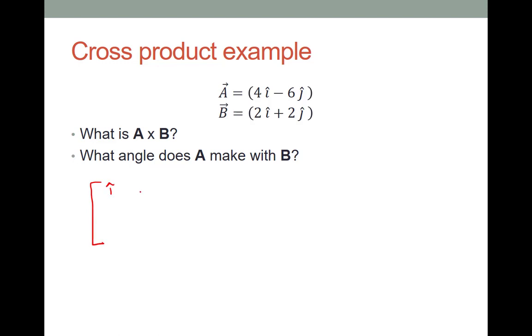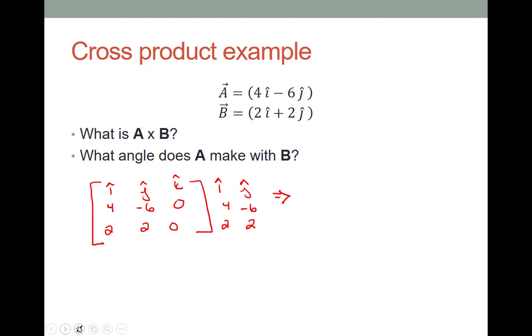So I hat, J hat, K hat, you do need to keep that, then 4, -6, 0. And then for B, it's 2, 2, 0. Recopy those first 2 columns.